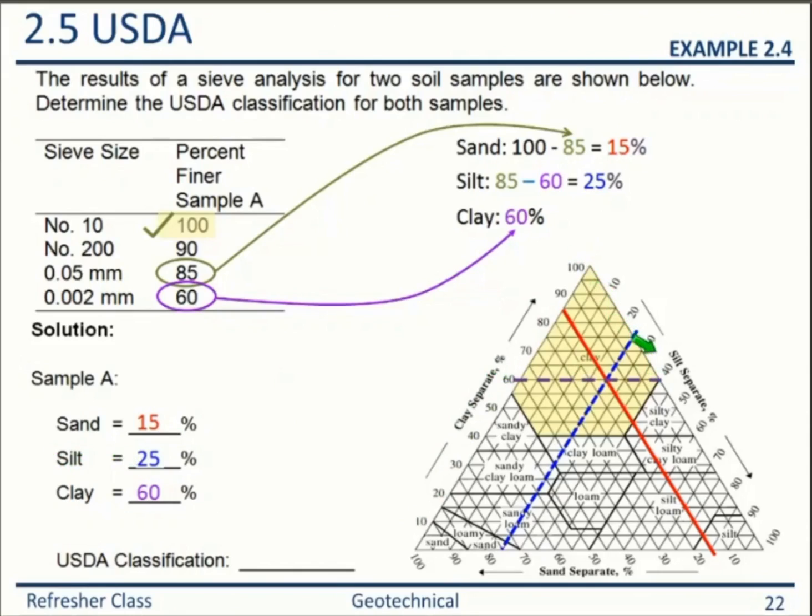If you draw, all three lines are concurrent or meet here. And this highlighted area is designated as clay in this textural chart, right? Therefore, your soil sample A is classified as clay. Any question?